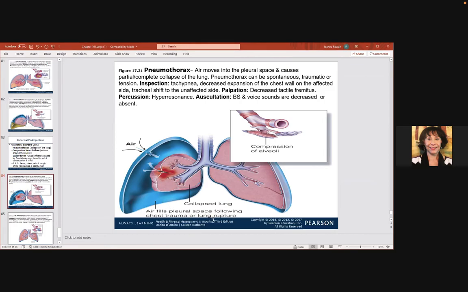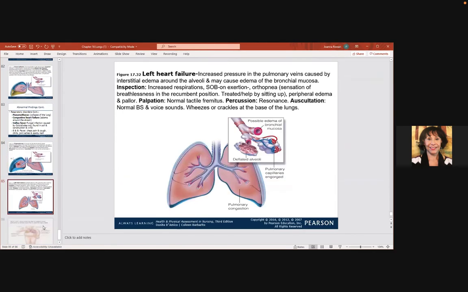Air fills the pleural space following chest trauma or lung rupture. And you can see what happens to the alveoli when there is pneumothorax. They compress. So it's very serious.